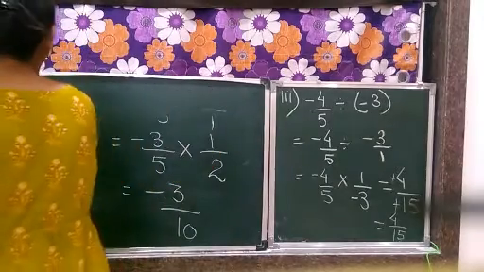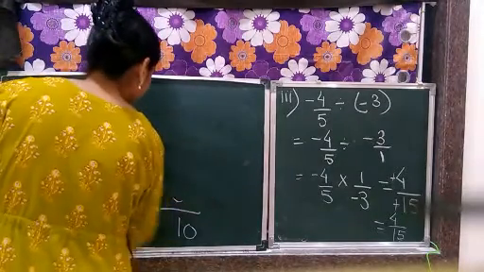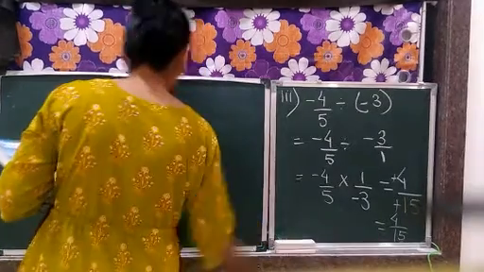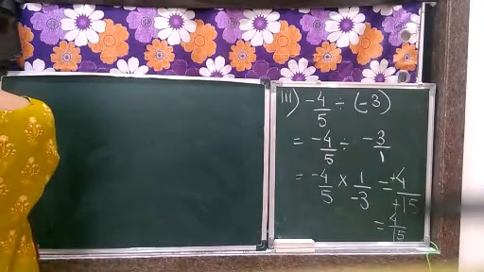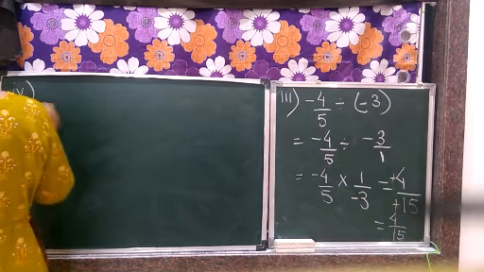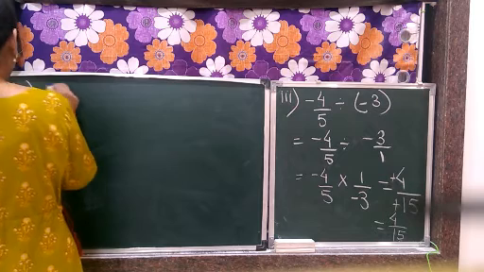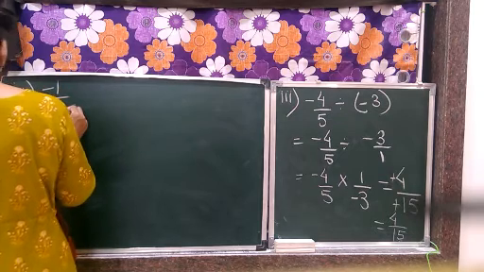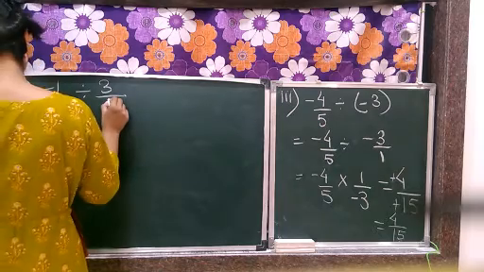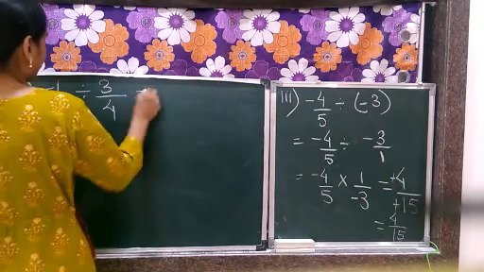Now we start the fourth one, children. Minus 1 by 8 divided by 3 by 4.